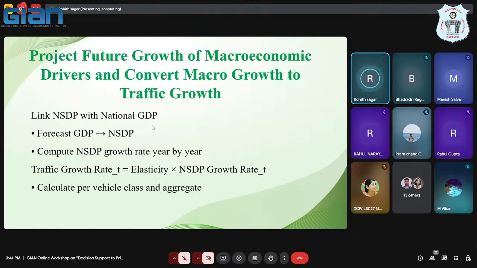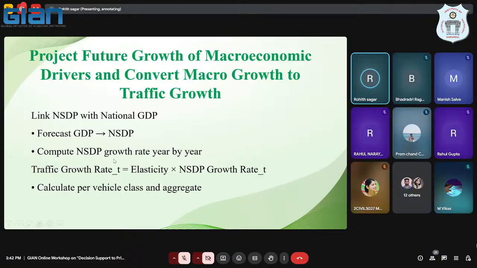For forecasting, we can get national GDP growth rate data for future years, which will be given by RBI. So we will link NSDP data with GDP data.